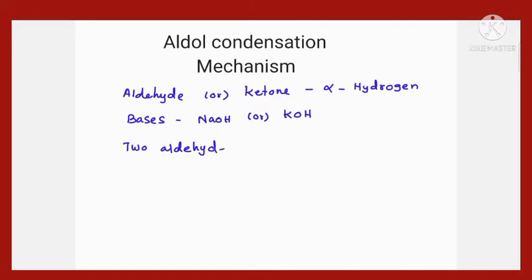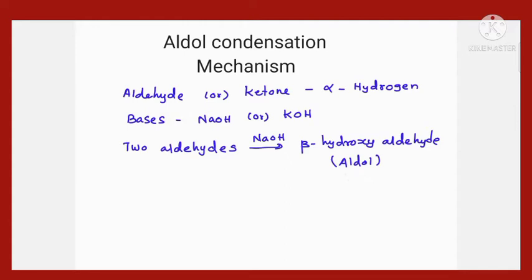Suppose 2 molecules of aldehyde are used, they react in the presence of bases like sodium hydroxide, forming a compound which is called beta hydroxyaldehyde, which is also called aldol, because this compound has a hydroxy group, an alkyl group and an aldehyde group, so it is called aldol.